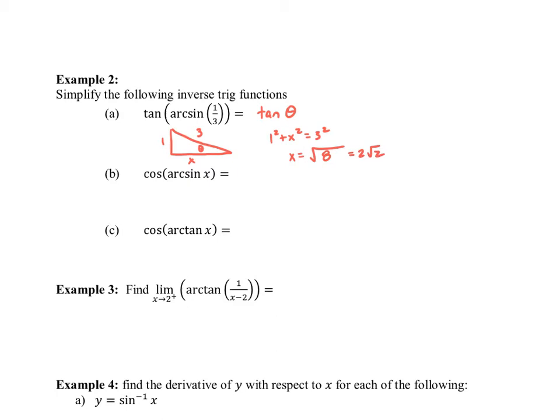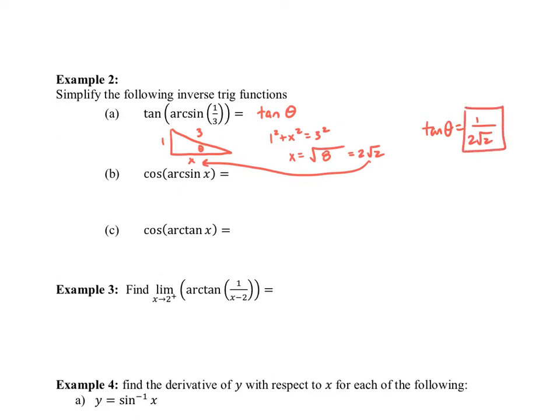So that particular side is 2 square root 2, and again, we're taking the arcsine of 1/3, we get an angle, and tangent of that angle means we take the opposite divided by the adjacent, which now we know is 2 root 2. And so our answer here is that the tangent of that angle is 1 divided by 2 root 2.